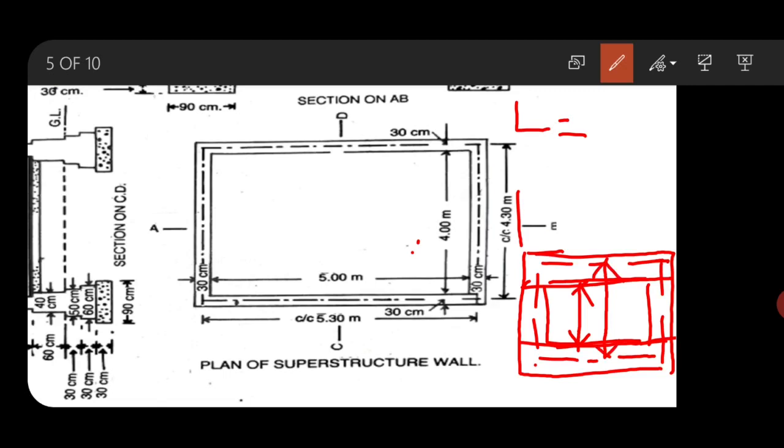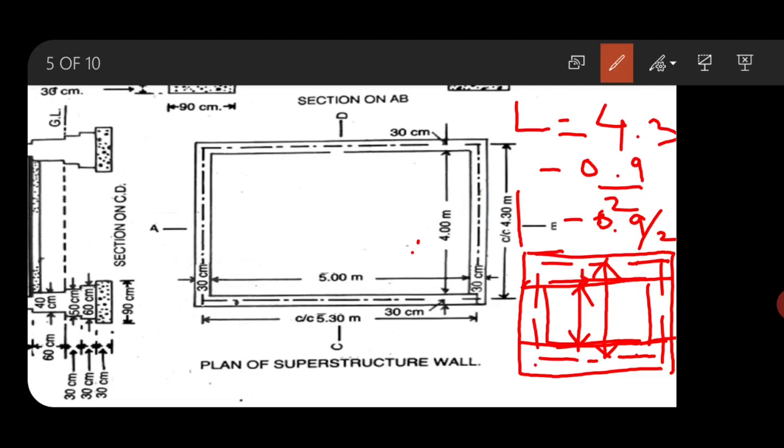So when we will subtract from this center to center length half of the breadth on one side and half of the breadth on another side, then we will get this left out length of this left out portion. So this length will be equal to 4.3, that means center to center length, minus this total width is 0.9.